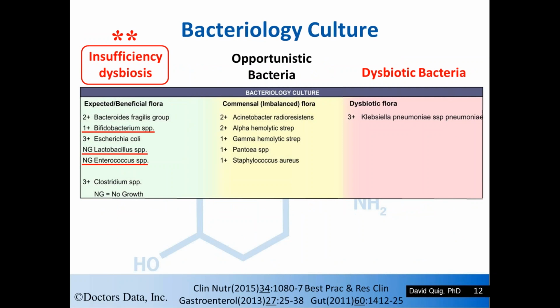So the first thing we do in our comprehensive stool analysis is look at the bacteria by culture as described. And there are several different types of dysbioses, and too often overlooked is insufficiency dysbioses, where we see markedly suppressed colonization of a host of beneficial or commensal bacteria.